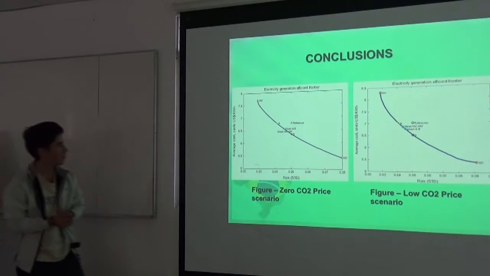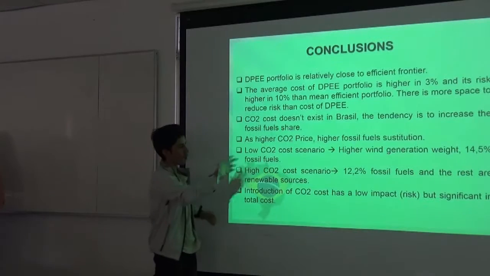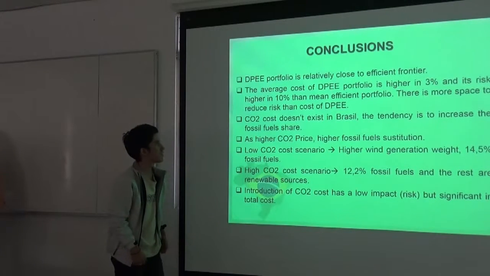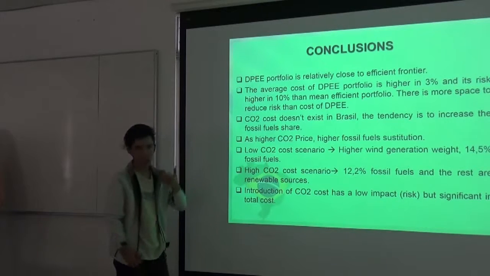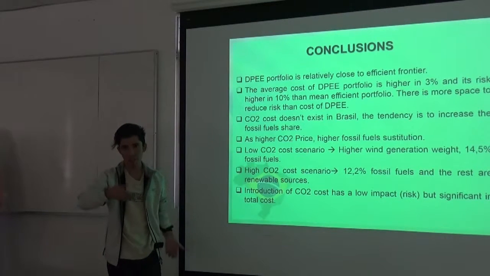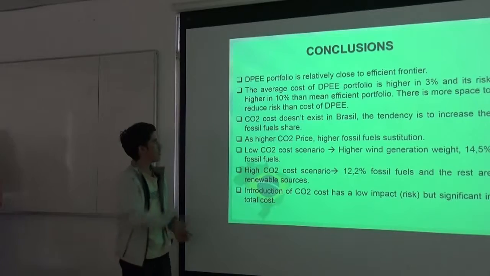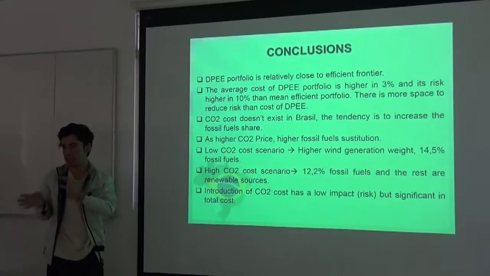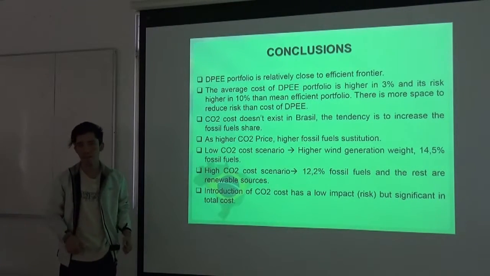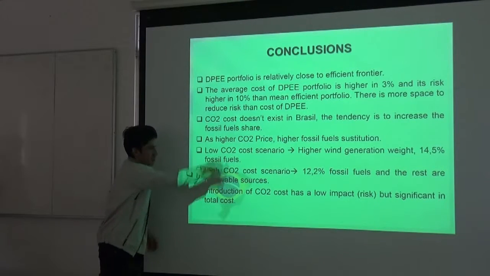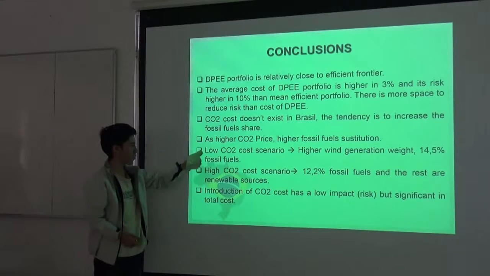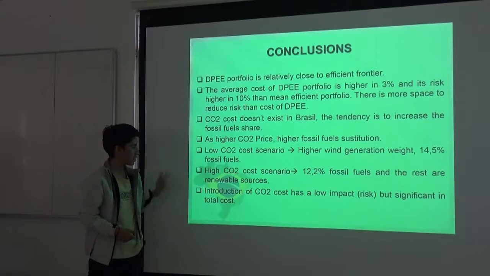Finally, for the conclusion, we can see all the figures for all the scenarios. We can say from the figure that the GPE portfolio is relatively close to the efficient frontier, for example for low price and for high price.